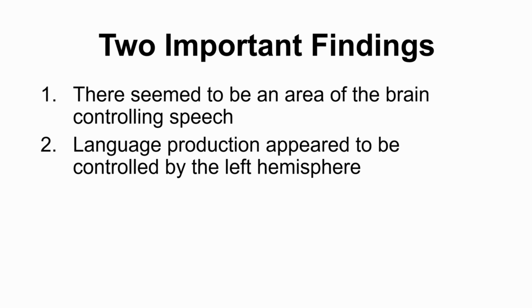So most people have their language controlled in the left side of the brain. And the people who don't have it controlled in the left side of the brain, it's sometimes right dominant, but more often than not, it's actually diffused and equally spread between left and right hemisphere. But those are special cases that go beyond the span of today.